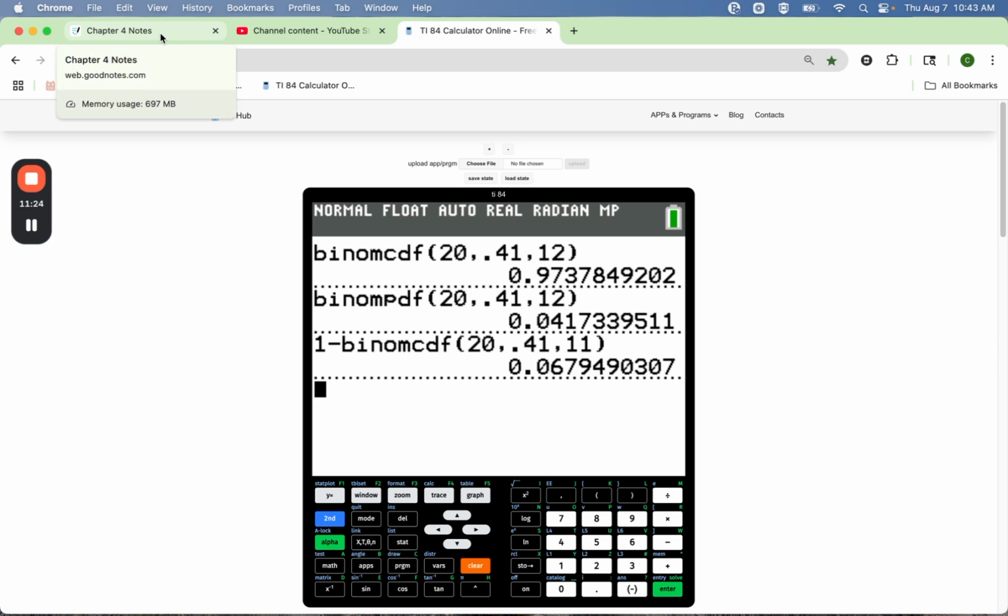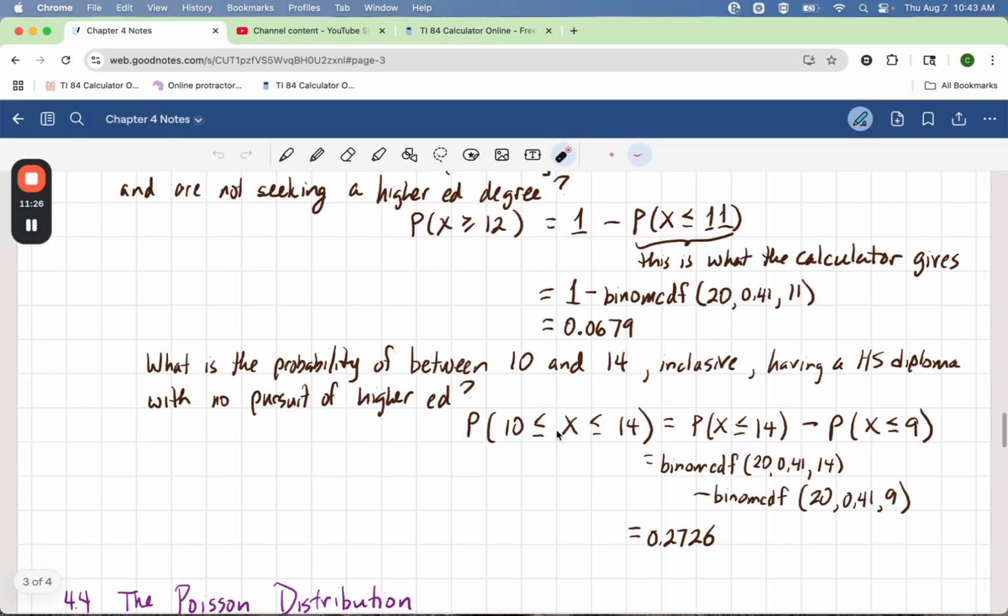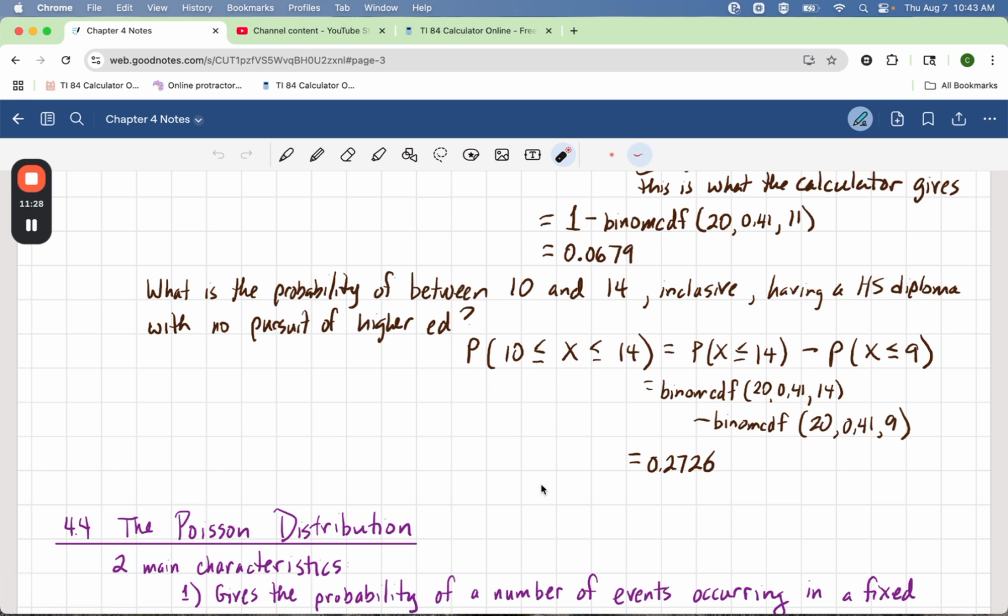The last type you're going to see on these MyOpenMath assignments is, what if you have the probability between 10 and 14 inclusive? We have to have the probability of 10 plus the probability of 11 plus the probability of 12, etc. You could use binomPDF 5 times to add all those up.